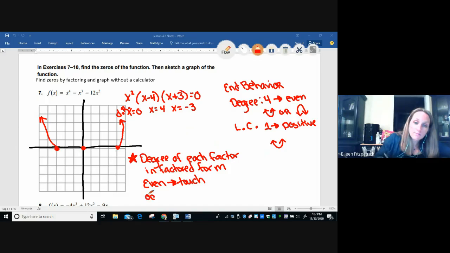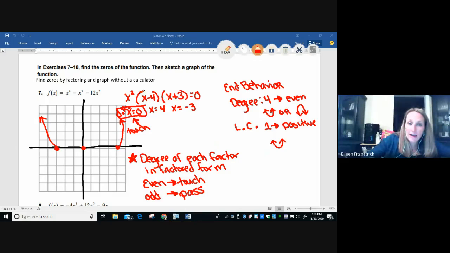If it is odd, you're going to pass. And again, this will hopefully make more sense when we look at the first example. All right, so this is the factored form of my polynomial function. This is a degree 2, right? That's even. So underneath the answer of x equals 0, I'm going to write the word touch.